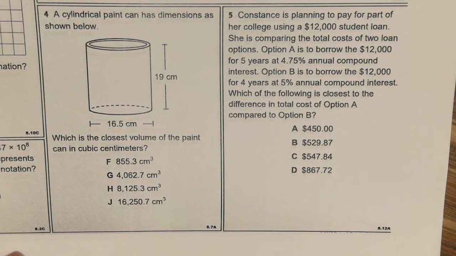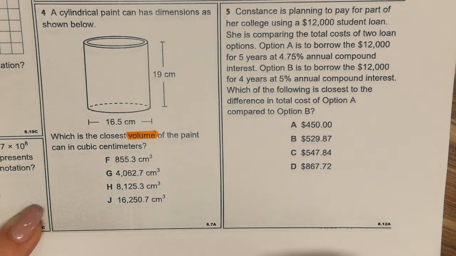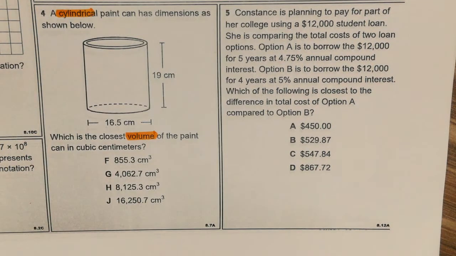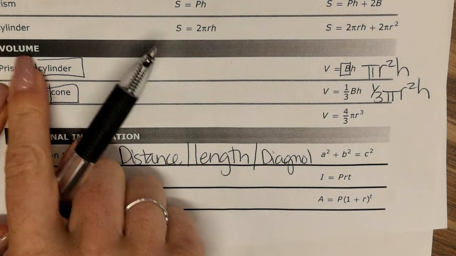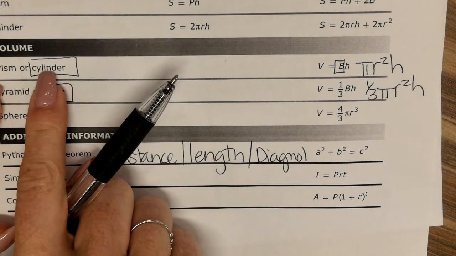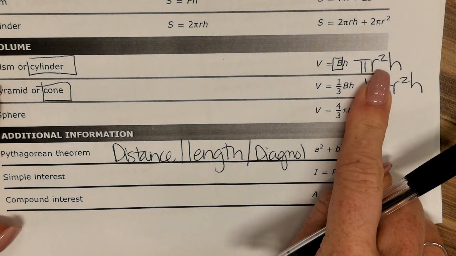Number 4. What did we say the clue words were? Volume. What else? And cylinder. So I know I need to go to my STAAR chart to the section titled Volume. Then I'm going to go to the word cylinder, and look, that's why we changed that formula, so that we don't have to think about it.